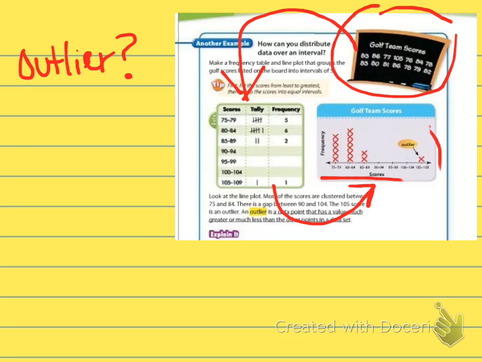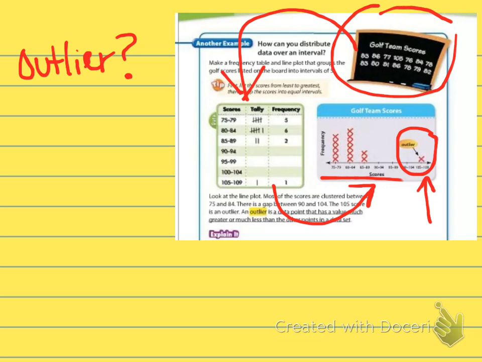If you look closely, most numbers are on the average of 85 to 89. I think that's what it says. But this one here is way over here in the 100s. So that's what we call the outlier.